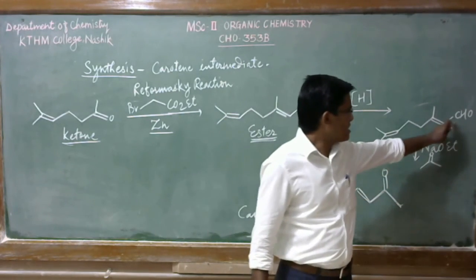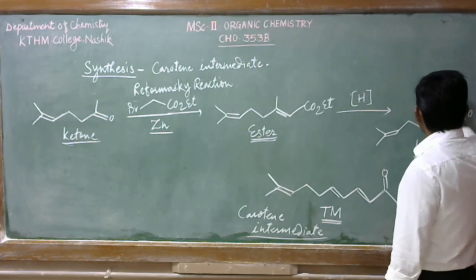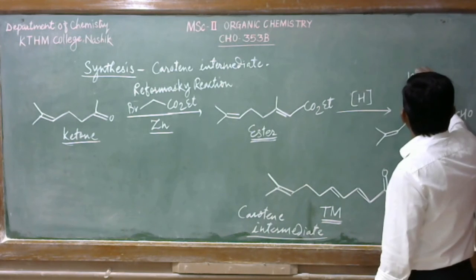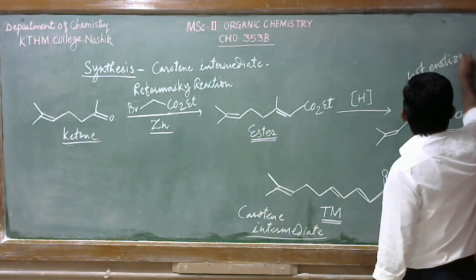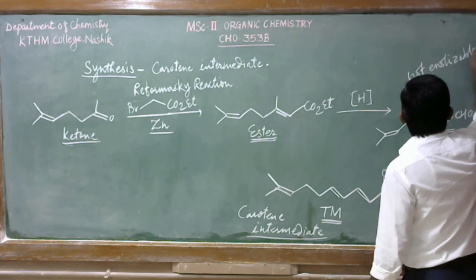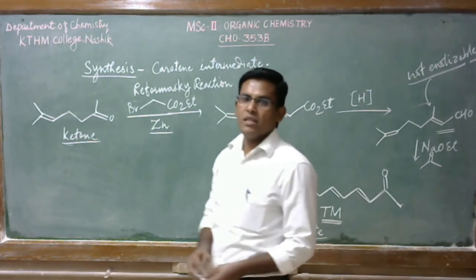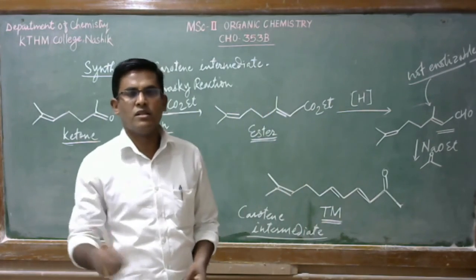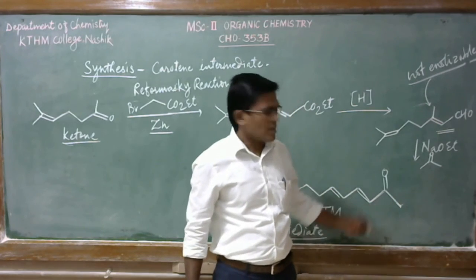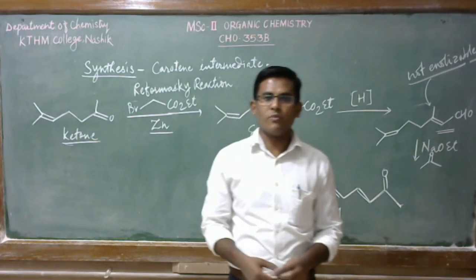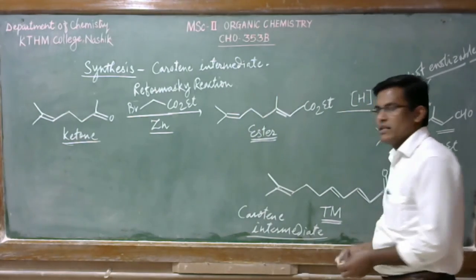In this, the aldehyde is not enolizable, so it will not create any problem in the aldol reaction. So it will convert into this alpha beta unsaturated carbonyl compound in the presence of sodium ethoxide and acetone.